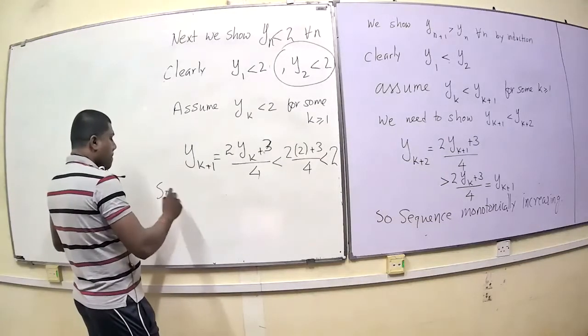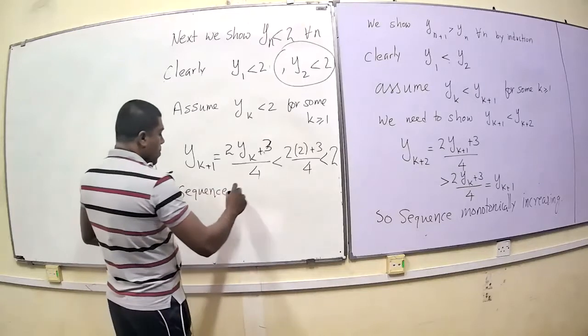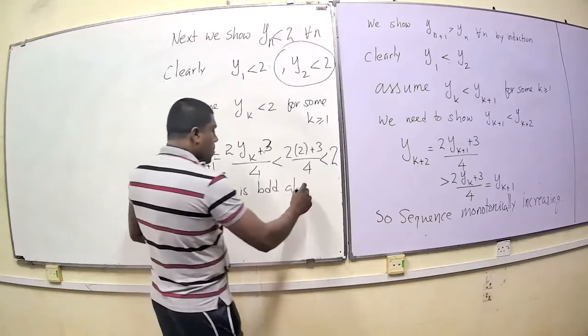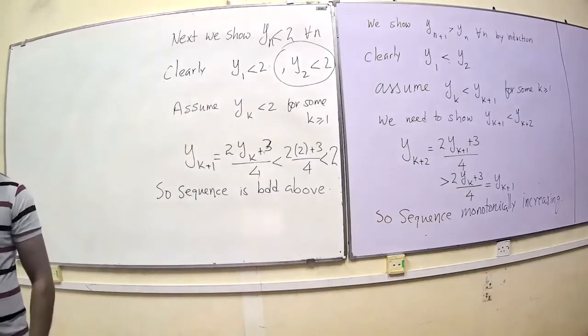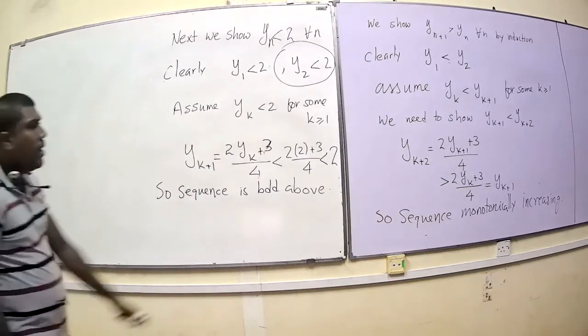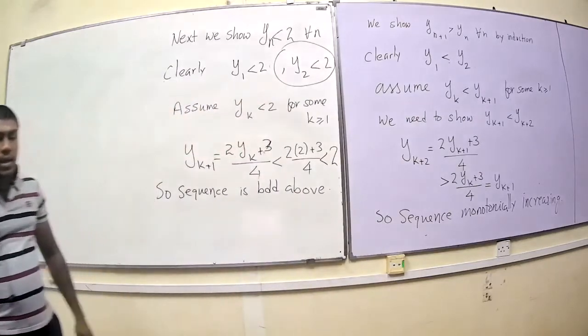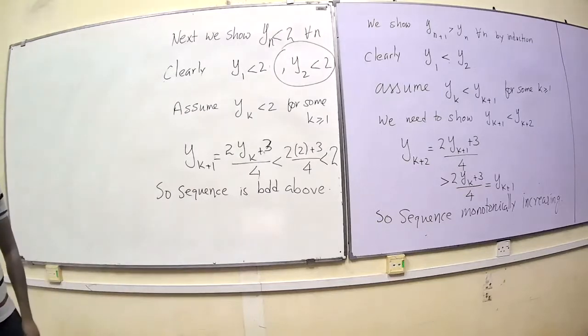So you can say that the sequence is bounded above. Right? So here you show that the sequence is monotonically increasing. Here you show that the sequence is bounded above.